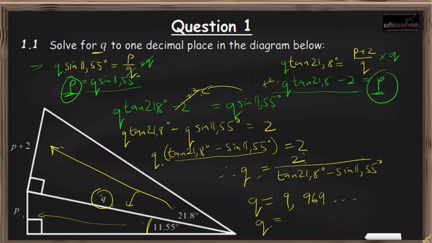If rounded off to a whole number, Q is equal to 10. Rounded to 2 decimal places you'll have 9,97, but generally speaking they want 1 decimal place, which is going to give 10,0.